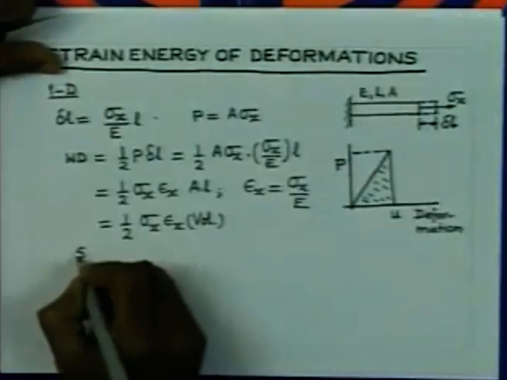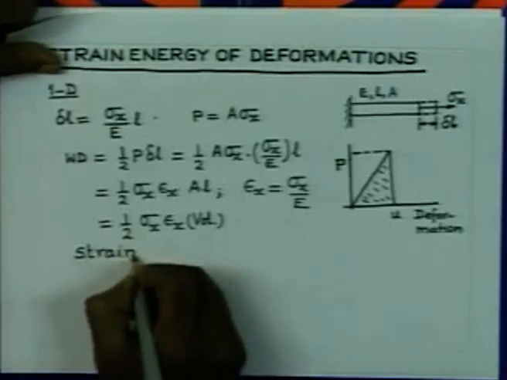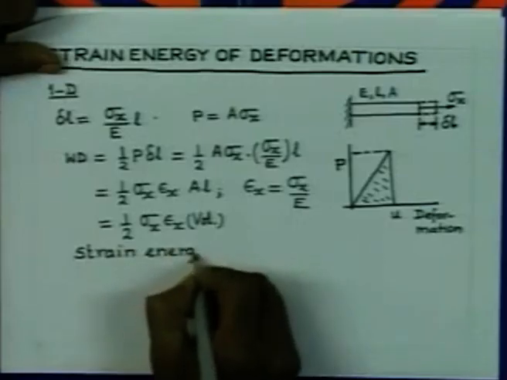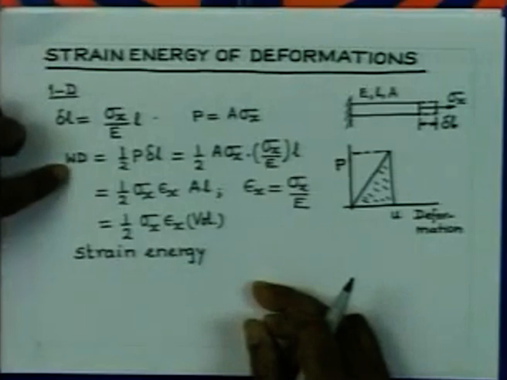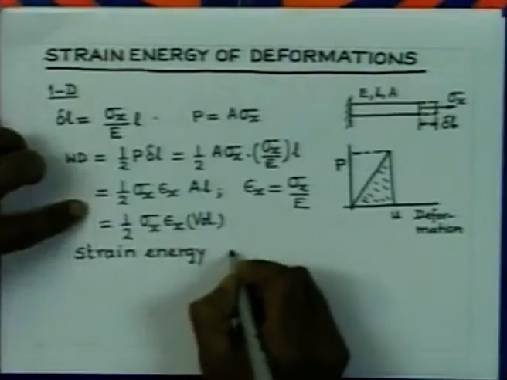So therefore this strain energy in the body is also equal to the work done by the external force. Now if we calculate the strain energy per unit volume, that will be the strain energy density.